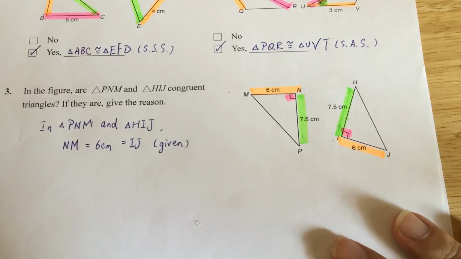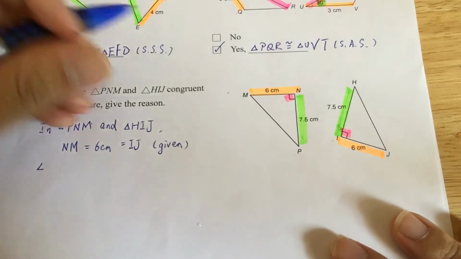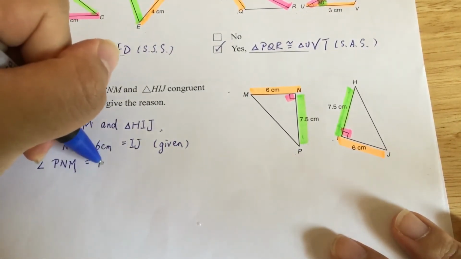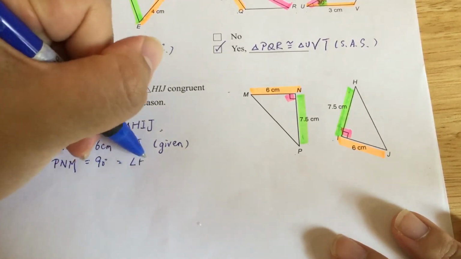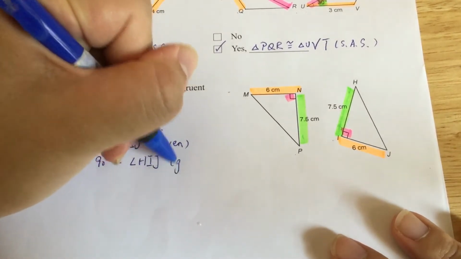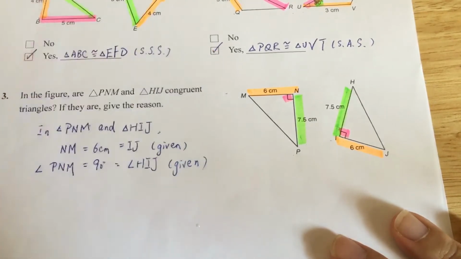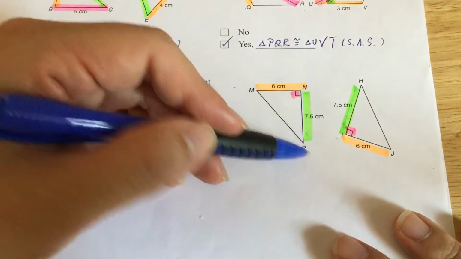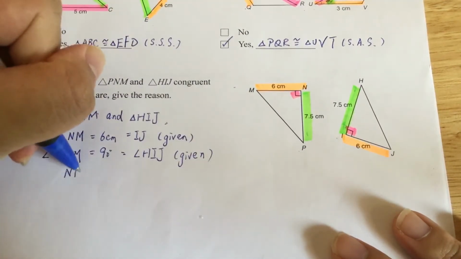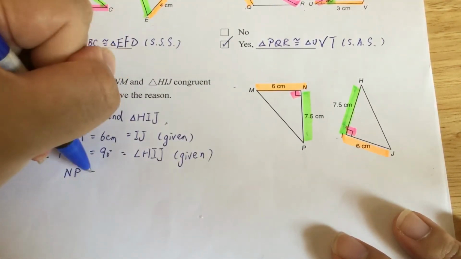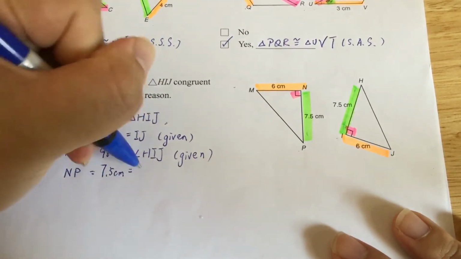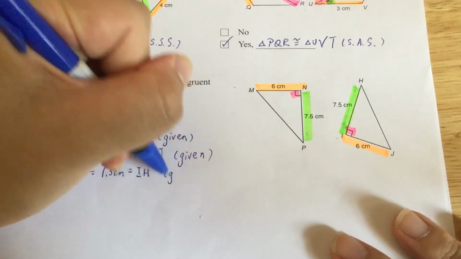And the second one, I would say this one is the angle, SAS. So this one is angle PNM, which is equal to 90 degrees, and this is equal to angle HIJ. Once again, it's given because I gave it to you. The third one is the green one. This is NP, which must be equal to 7.5 cm, equal to IH, given.